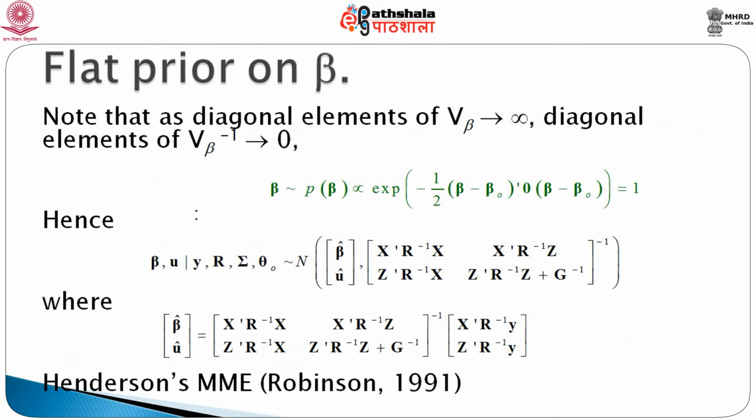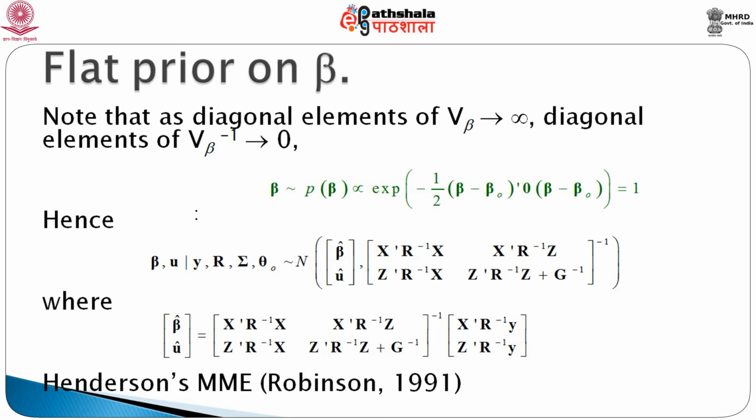Now the objective here was to show that whatever Henderson and Robinson suggested for small area estimation, the BLUP estimator, is basically the BLUP estimation of beta hat and u hat. That's very much useful in animal experiments; people use this quite extensively.